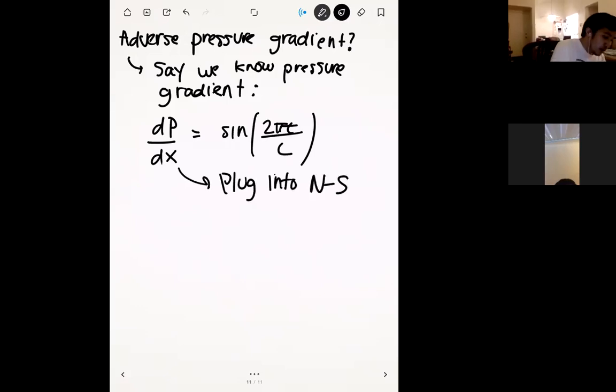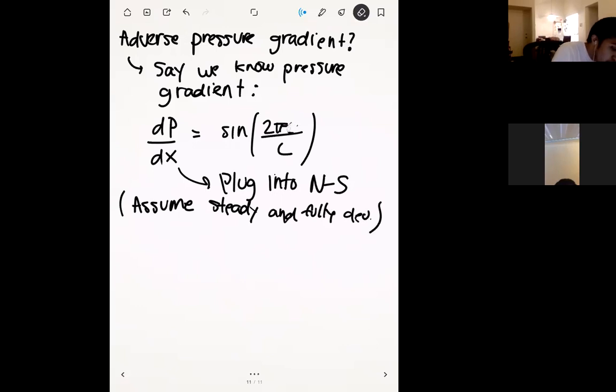Sorry, this is not t right here. This should be y. We can take this pressure gradient and plug it into Navier-Stokes.